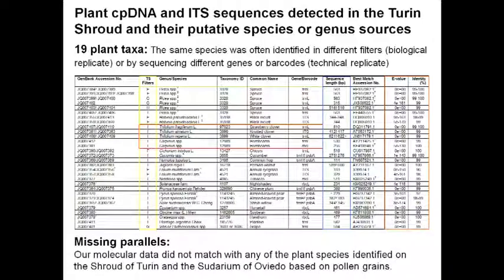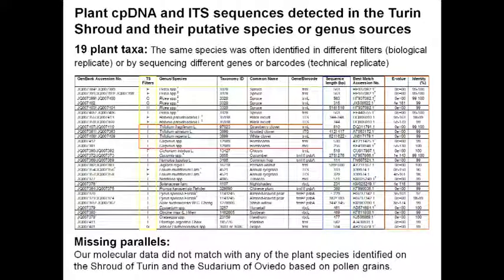This table summarizes all species we found, at least 19 plant taxa. Maybe you cannot read it, but I'd like to emphasize some important points. First of all, again, DNA sequences were ranging between 229 base pair short sequences and 622 base pair long sequences.